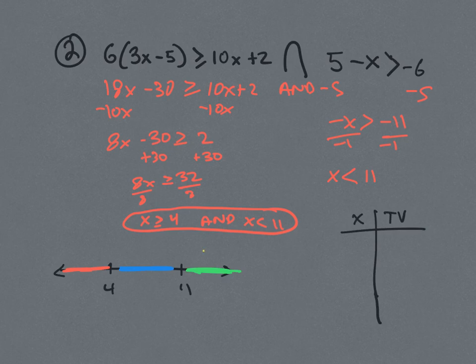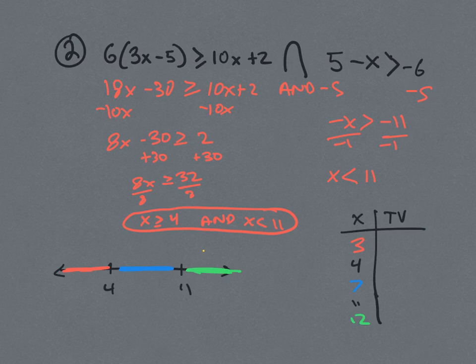The numbers I'm going to use: on the left, I could go with 3. Then I have 4. Then somewhere in the middle, 7. Then 11. And finally 12. So those are my 5 numbers.